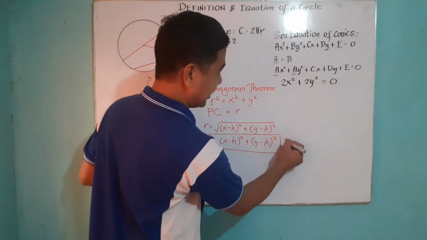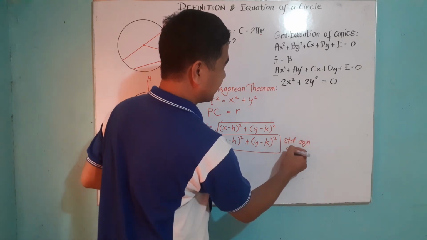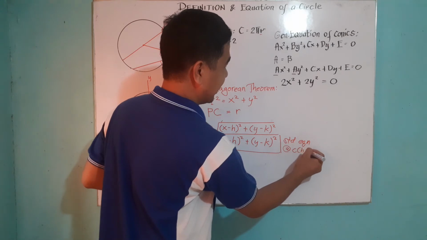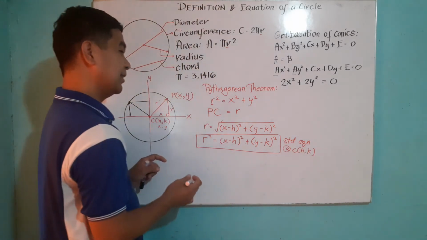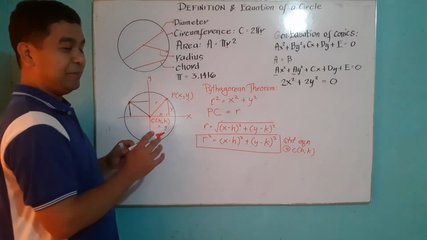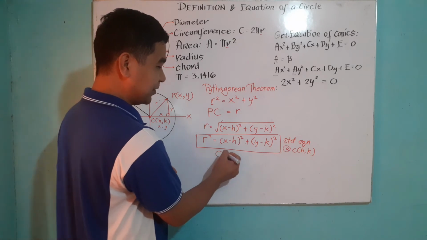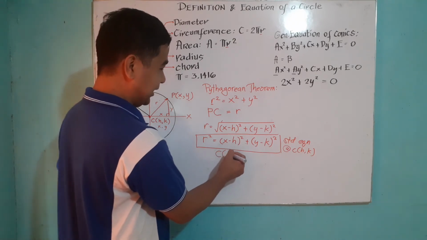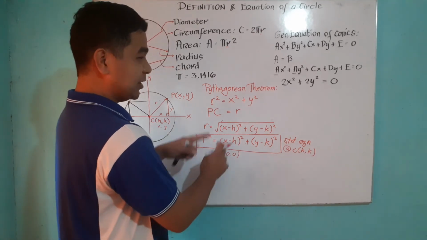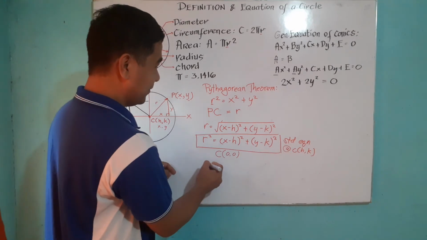Standard equation at center C, h and k, meaning the center is not at the origin. If we are going to get the standard equation at the origin, we have to satisfy C at 0 and 0. The values of h and k are zeros. We are just going to substitute, and we will go back to the Pythagorean formula.